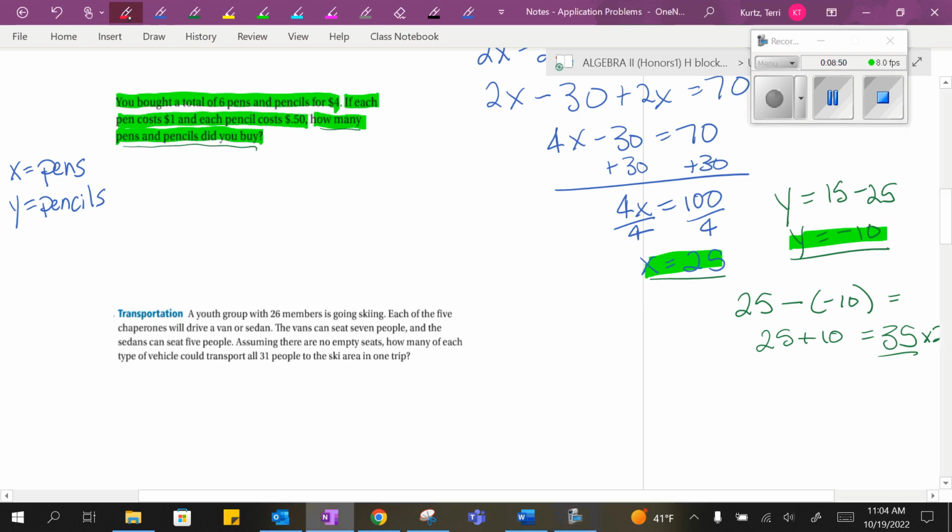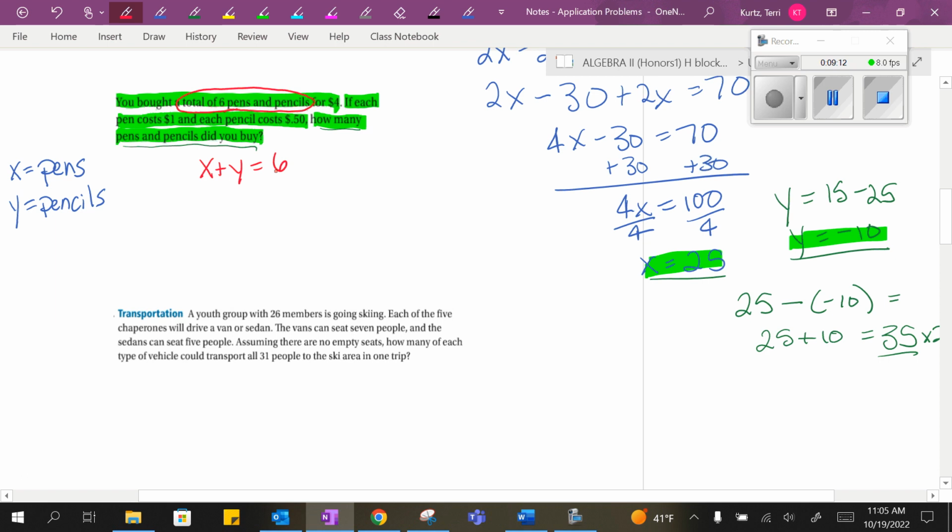And this particular problem, you kind of have to be careful how you read it. I bought a total of 6 pens and pencils. So that means you want to read that just like I said it, meaning I bought a total of 6 pens and pencils. So I'm going to say x plus y equals 6.